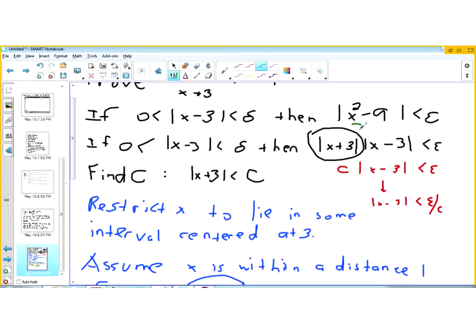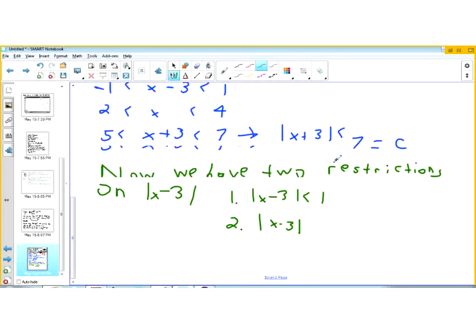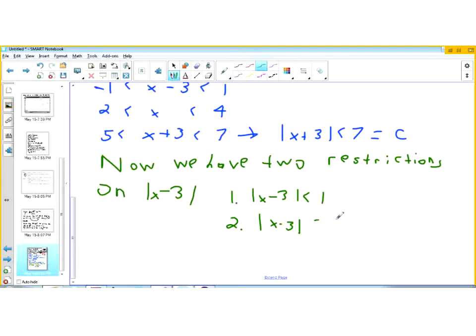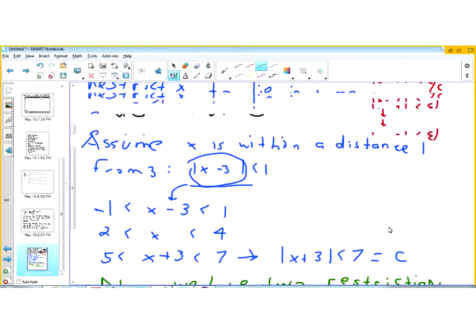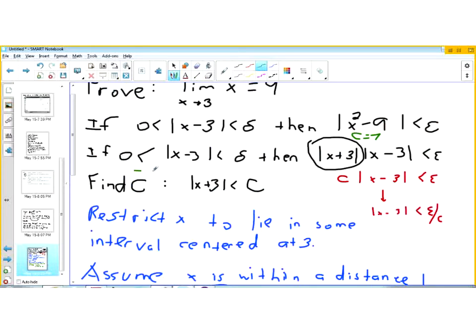The second one was when we calculated C. And so that meant that when we plug in C, go all the way back, and plug in C here, here's our C, which was equal to 7, then we discovered that the absolute value of x minus 3 is less than epsilon over C, which is epsilon over 7, because 7 is the upper bound for the absolute value of x plus 3 for this problem.